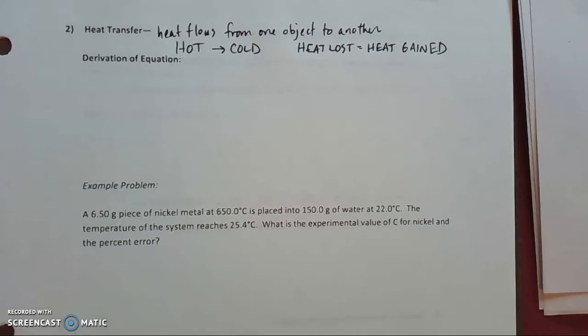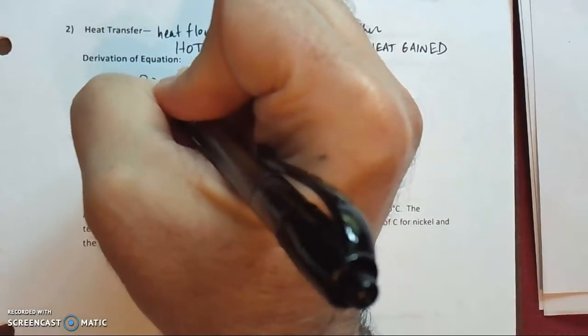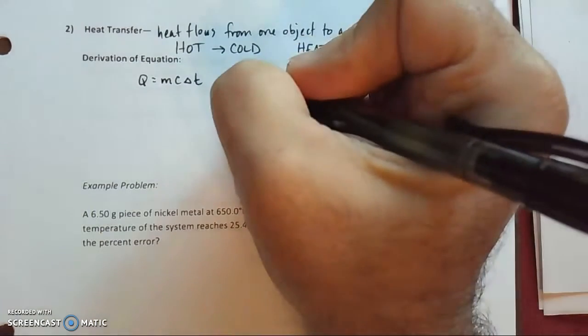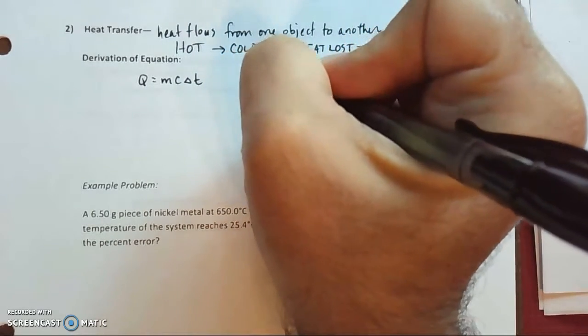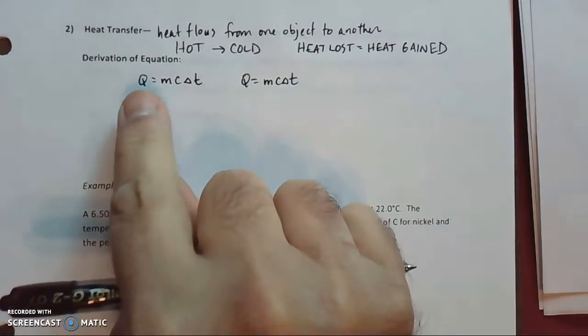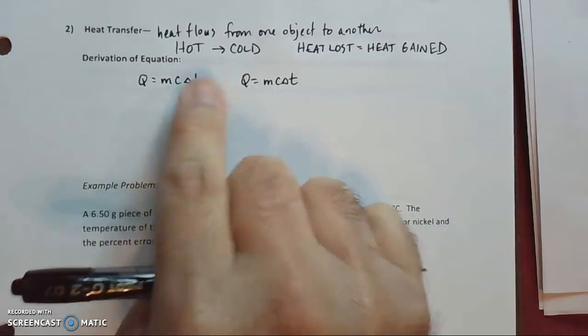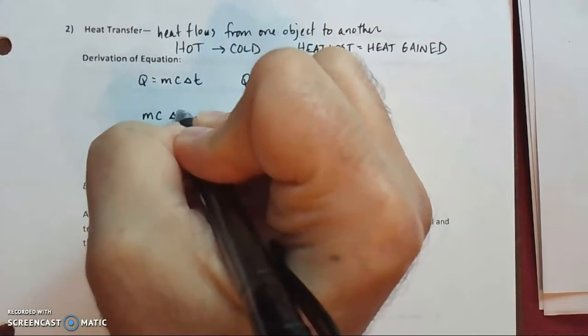So we know that we can calculate the heat that something contains by using the specific heat equation, Q equals mc delta T. So if we have Q equals mc delta T for the object that is losing heat, and Q equals mc delta T for the object that is gaining heat, since the amount of heat is equal, these two equations are going to be equal to one another.